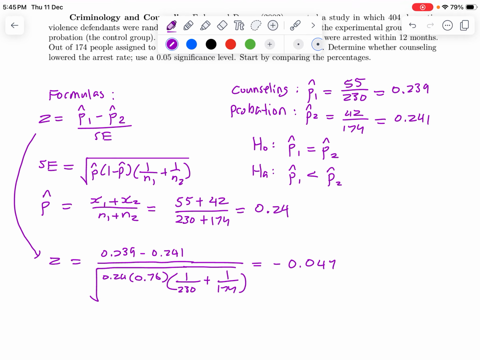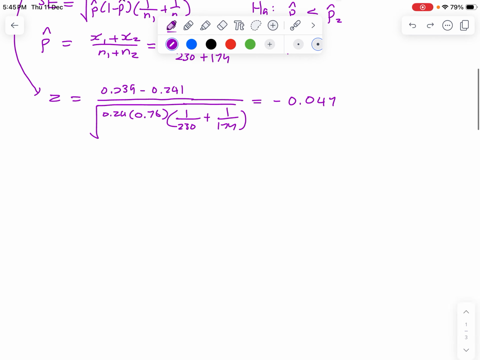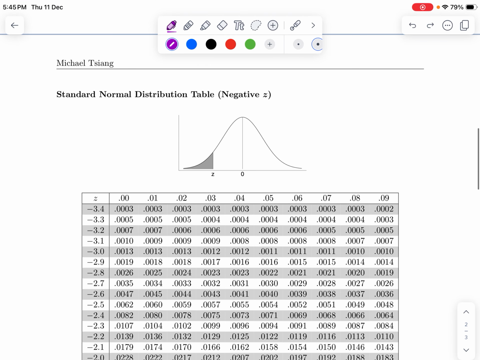But what does this z-score actually mean? Once we get to this stage, the next step is to find the p-value so that we can reject or fail to reject the null. Then we can conclude whether counseling lowered the arrest rate. So how do we find the p-value? You would use the table or you could use technology.